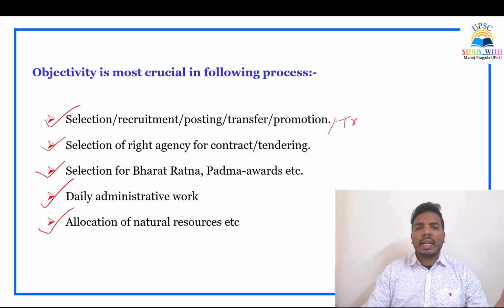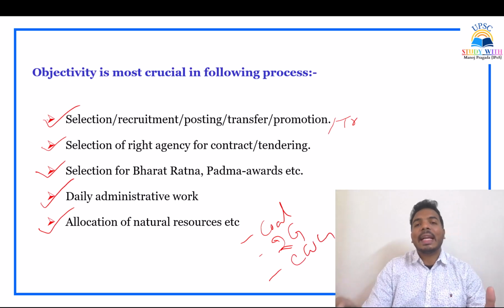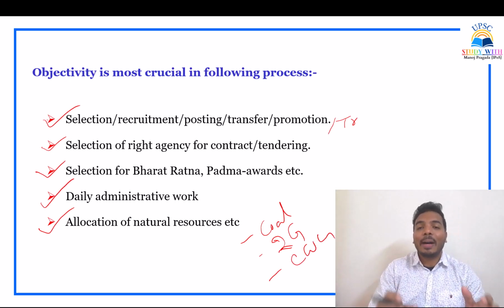So we have seen the infamous coal scam, 2G scam. What is lacking there? Coal scam, 2G scam, Commonwealth Games scam. What was lacking there? It was a lack of objectivity. The decisions were subjective.